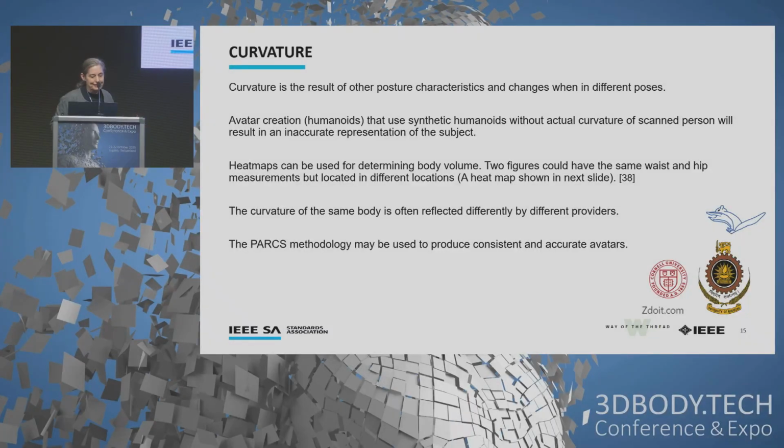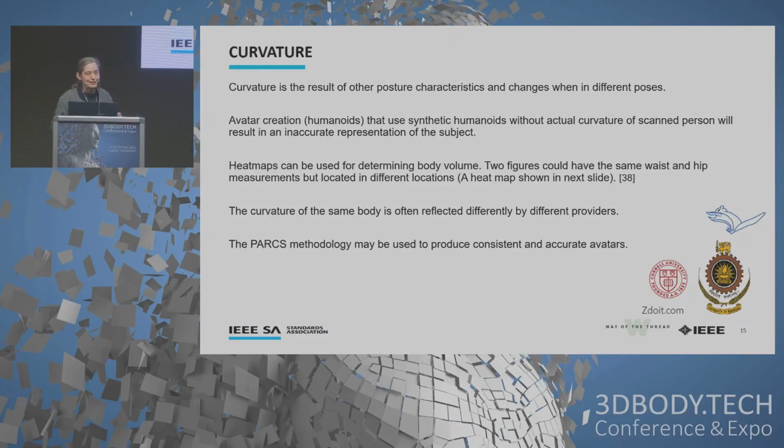Curvature, like I said, is a result of all the different changes, and then the avatar using synthetic humanoids, i.e. I have a phone app perhaps, and all I've done is modified the circumferences, but I've kept that actual internal avatar that has a very erect posture. If you have not picked up the posture of that person, you don't have the correct data.